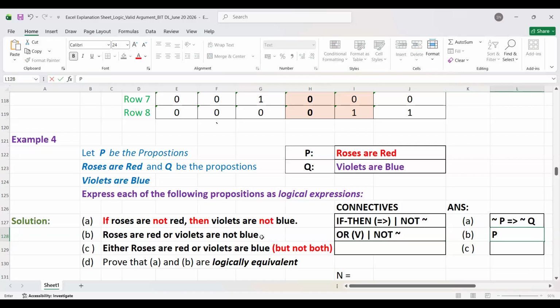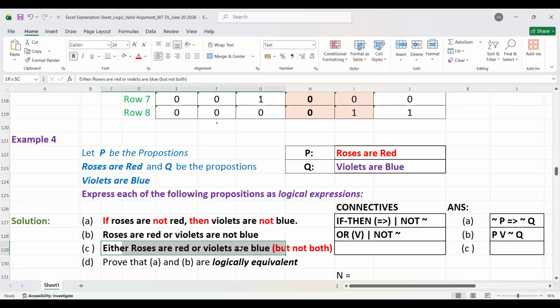Disjunction. Yes, disjunction is or. So roses are red or, that is the V, violets are not. So not will be negation of Q.